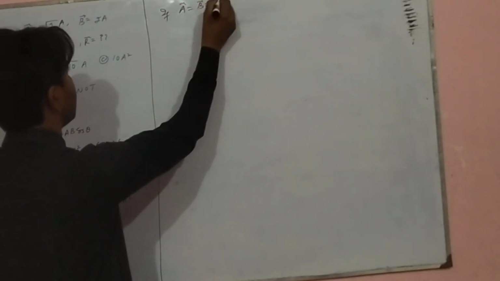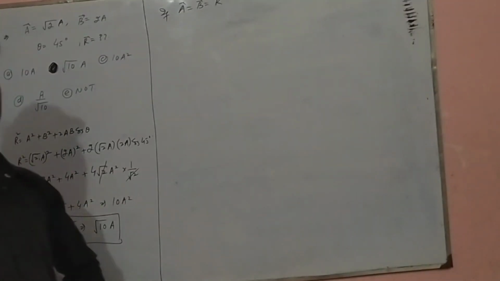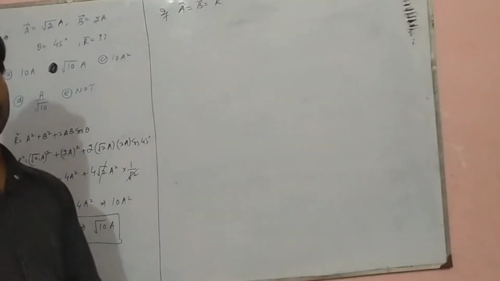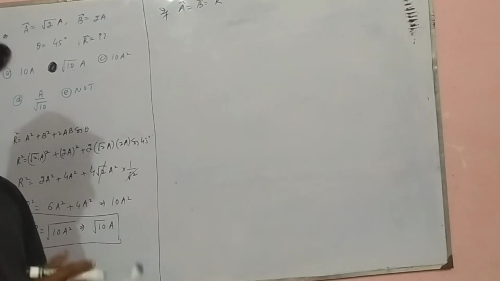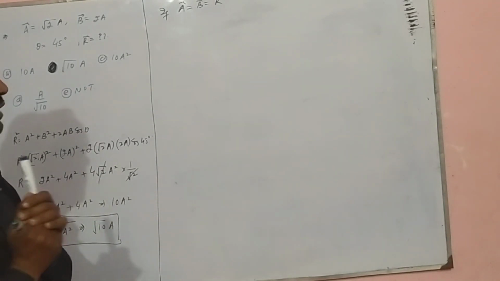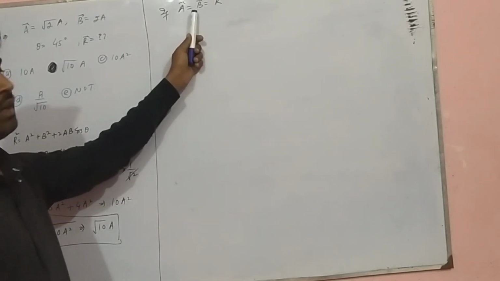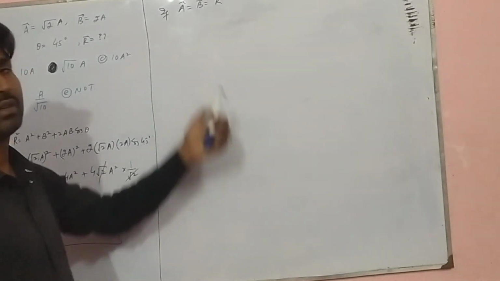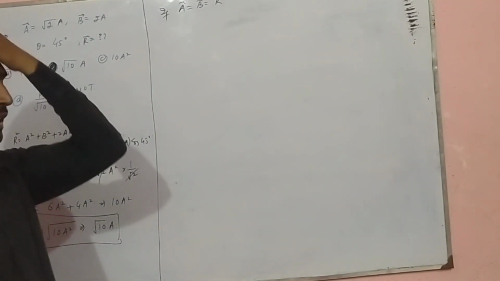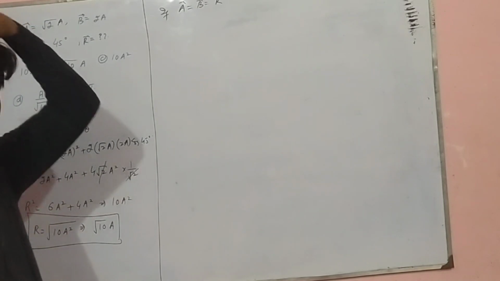Okay, if A vector is equal to B vector and the resultant is also equal to them, then what will be the angle between the two vectors?